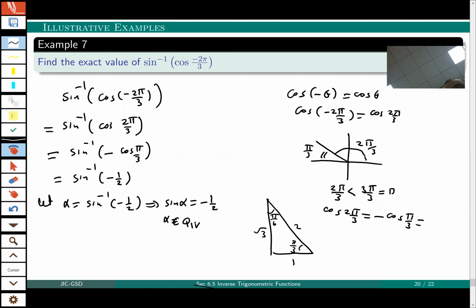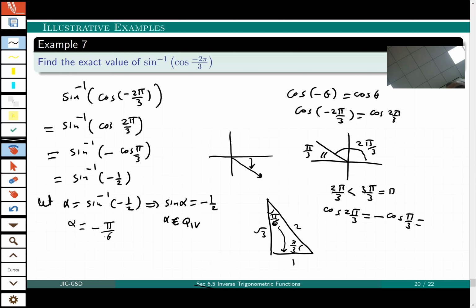Which angle will give you sine equal to 1/2? Sine means opposite. Which one has opposite 1 over hypotenuse 2? It's pi over 6. So that's the angle we are looking for, which is alpha equal to negative pi over 6.